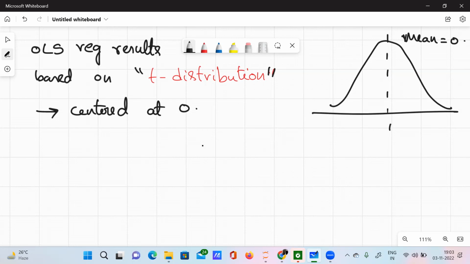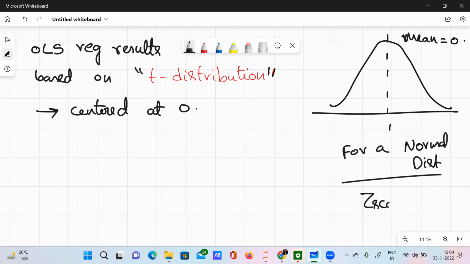When you want to know, for example, for a normal distribution, we say that z score equal to xi minus x bar by sigma.